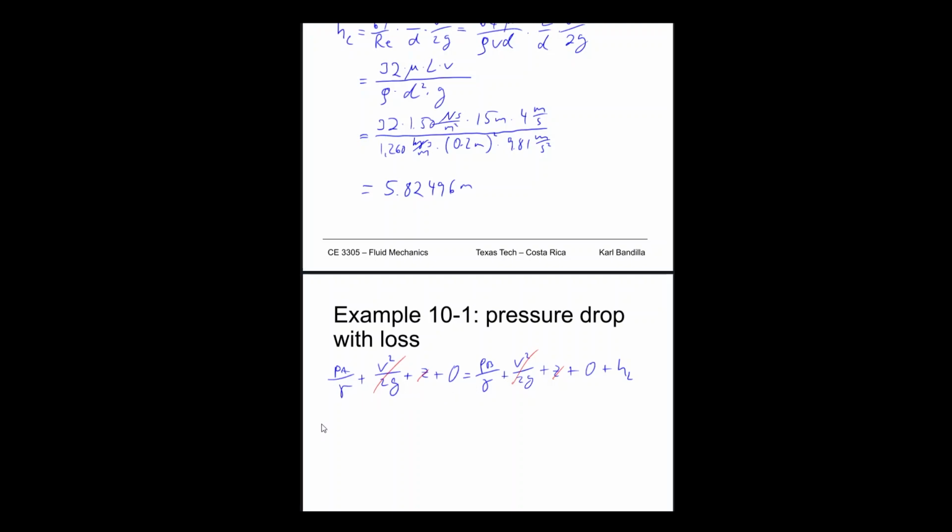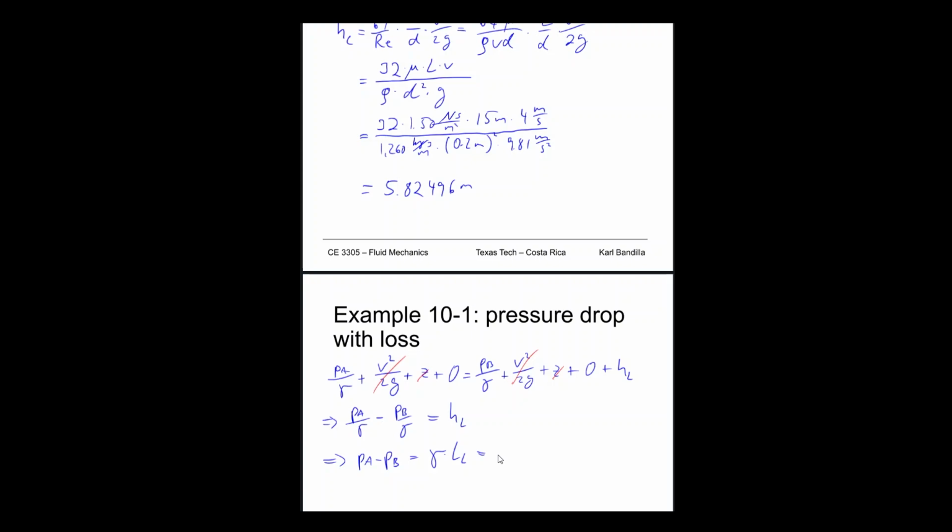Now, if we bring PB over to the other side, then we'd have PA over gamma minus PB over gamma. And then anything left over here is HL, which means we would get that PA minus PB, which is the pressure drop, would just be gamma times HL.